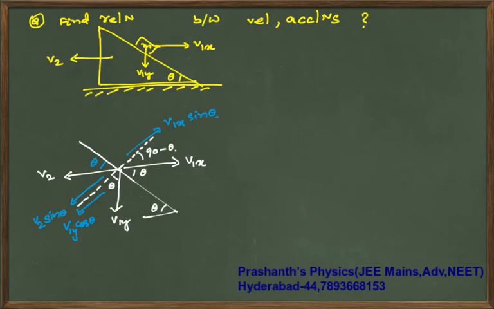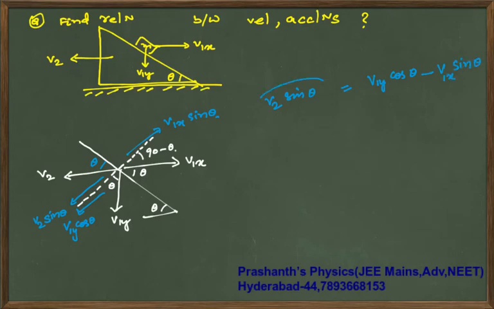I told you your velocity components must be the same. So that means v2 sin theta must be equal to v1y cos theta minus v1x sin theta.